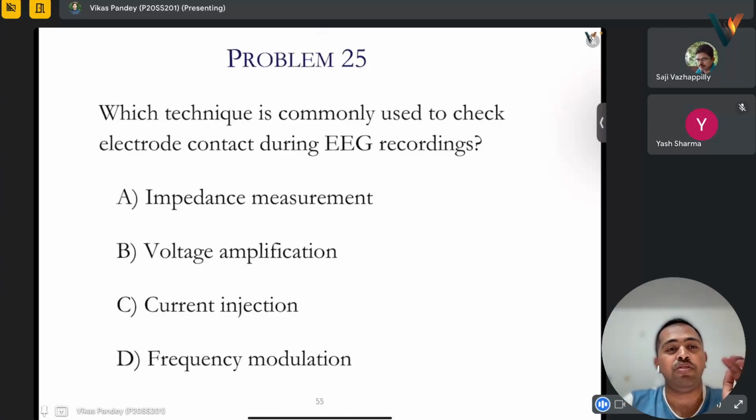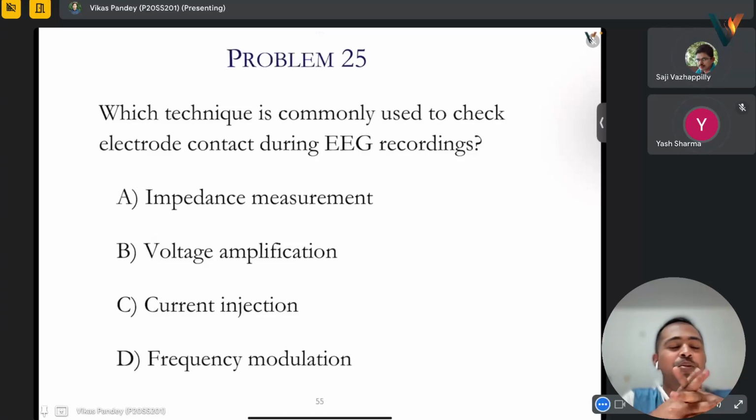What technique is commonly used to check electrode contact during EEG recording? Impedance measurement. And now, has any one of you ever got an EEG done? No, sir. Have you ever seen an EEG?